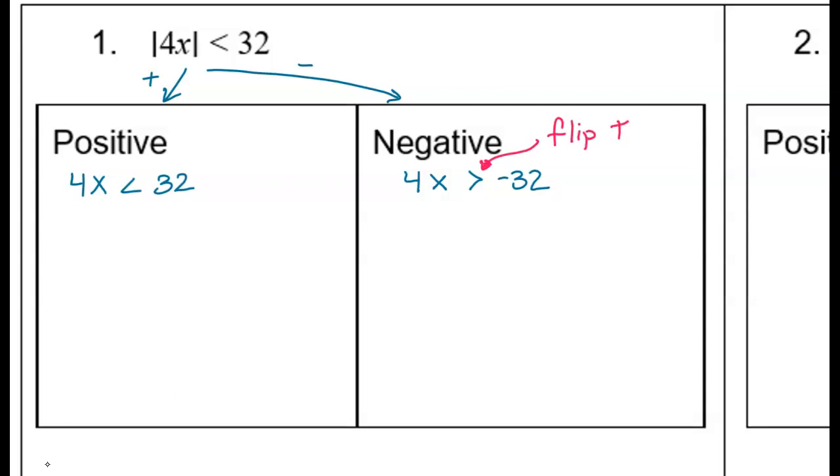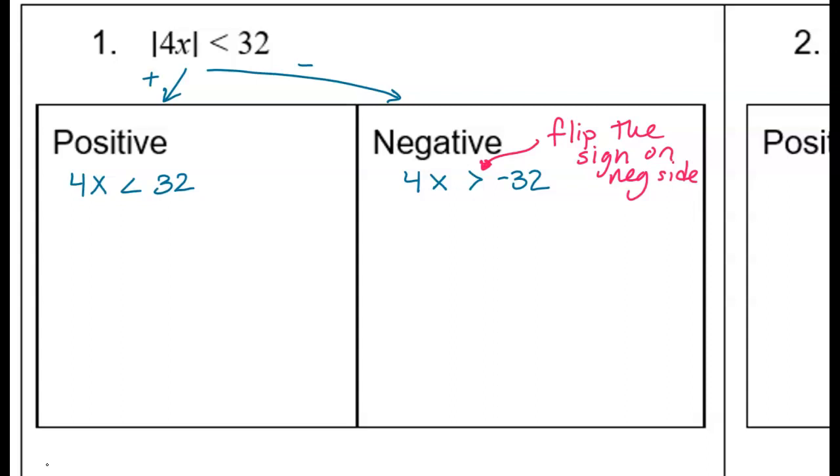We need to flip the sign on the negative side. That will happen every time we're doing the negative version of the absolute value. So let's go ahead and solve each one of these.